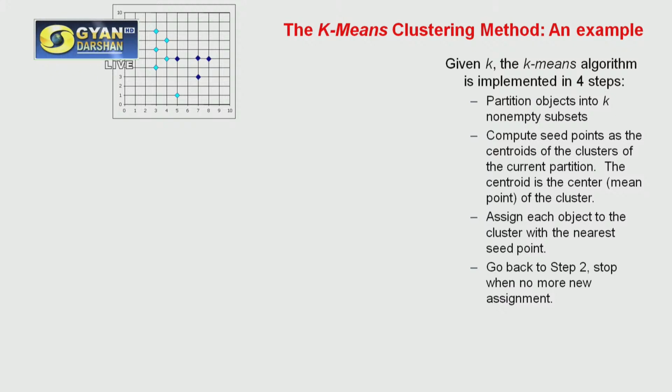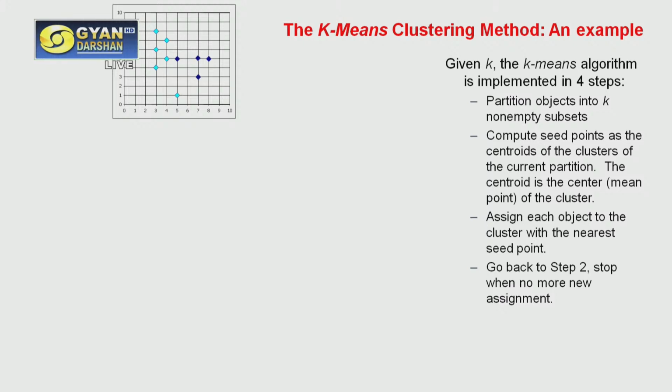So let's understand this k-means clustering method with the help of an example. Now look at the screen again. I have taken one small graph here. You can see that we have different points here, and you can see the k-means algorithm, which is implemented in 4 steps. So what is step number 1?